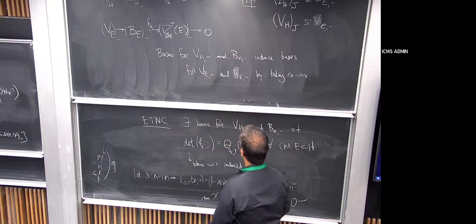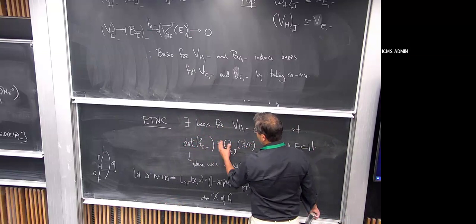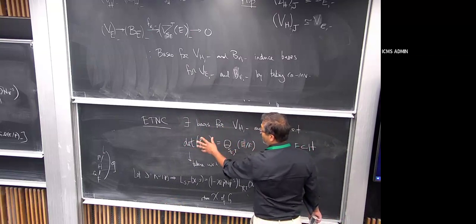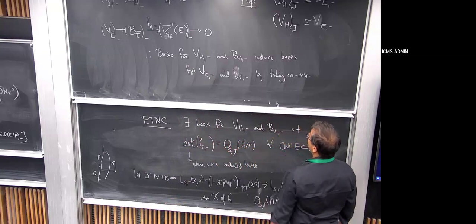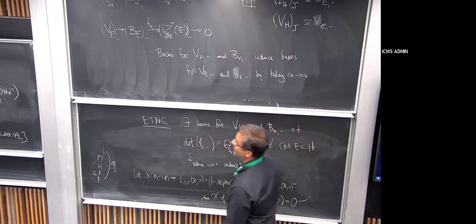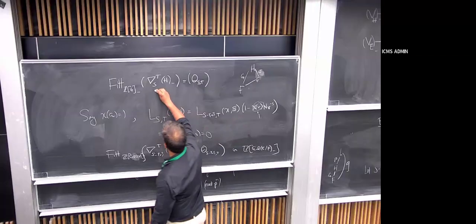So for E equals H, this is saying that there exist bases such that the determinant, so there's no ideal anymore, it's an actual equality of elements of the group ring. The determinant is equal to theta. That follows because, once you have this equality, this is the ideal generated by the determinant, that's the definition.